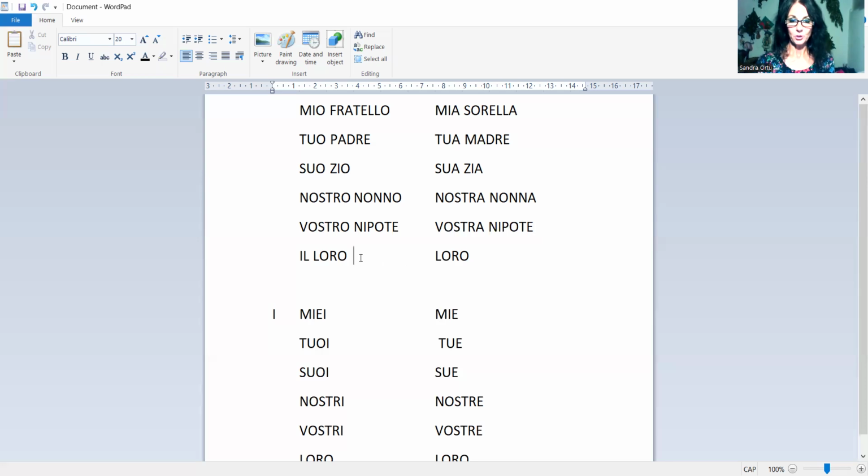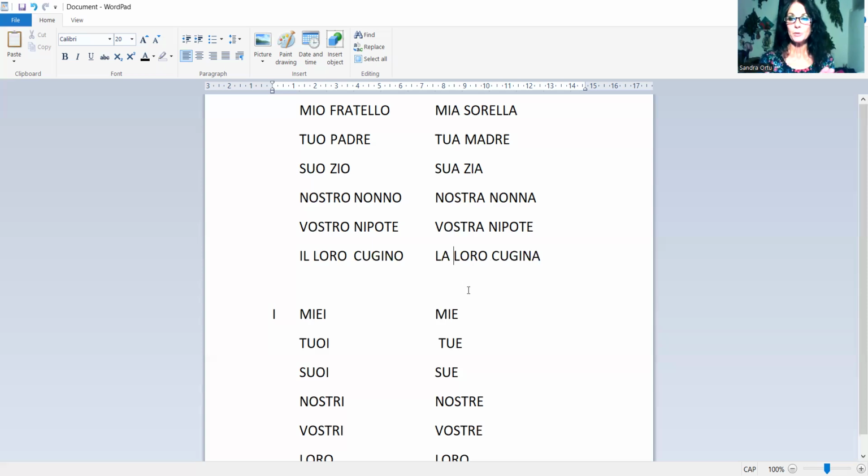And what else have we got left? Well, we'll go for a cousin, a male cousin, and we can also have a female cousin. So we said the rule is that in front of every possessive, normally we need an article.